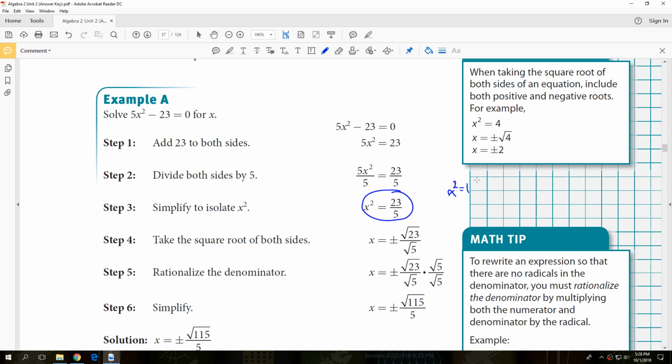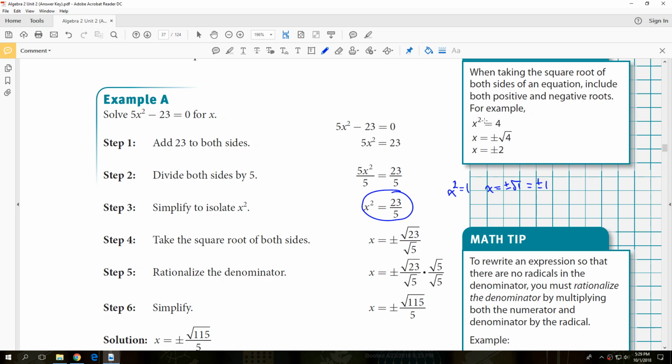So when I take the square root of both sides, the x could have been the positive version of itself or the negative version of itself every single time. And that's why we have x is equal to plus or minus the square root of the other side. In this case, it would be plus or minus 1. They don't really show you that there.